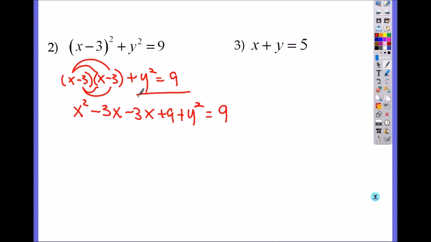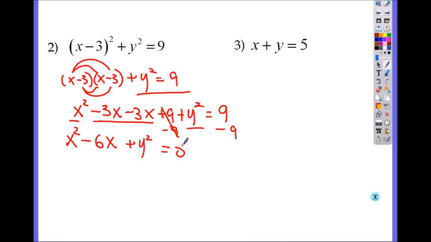So let's combine like terms and simplify it. I get x squared minus 6x plus y squared. Can I subtract 9 from both sides, to put the constants together? Can I move 9 to the other side? Yes, then I get 0.